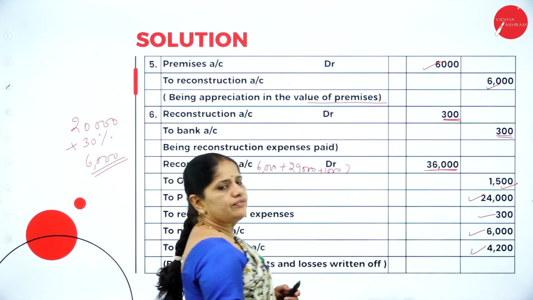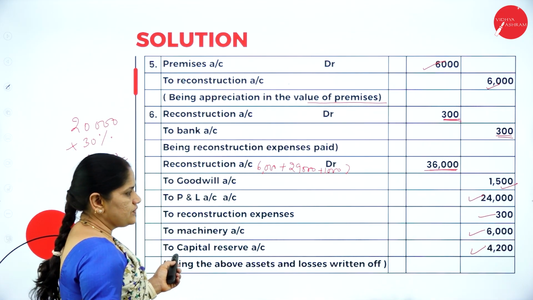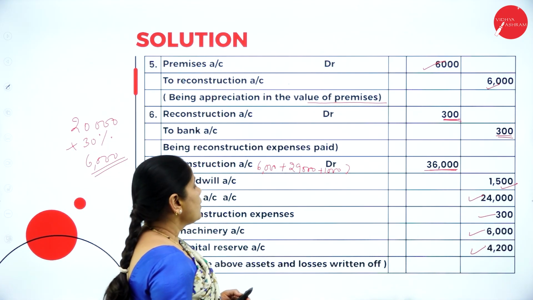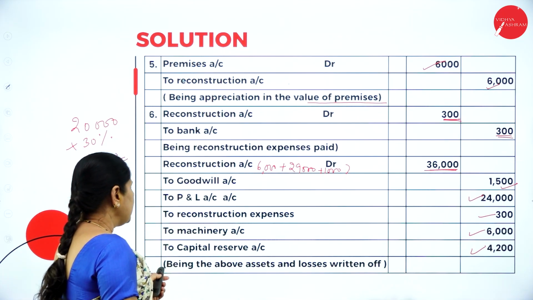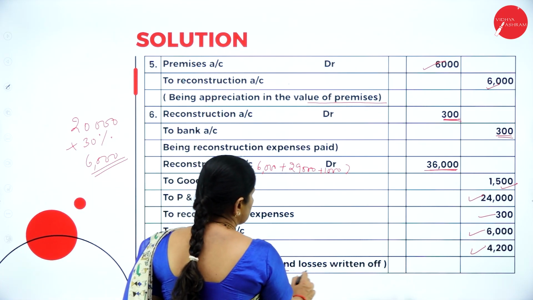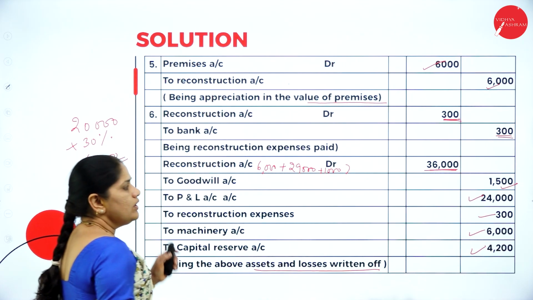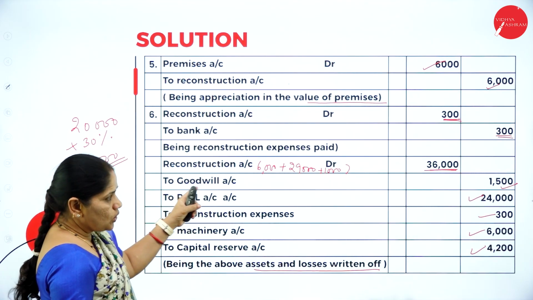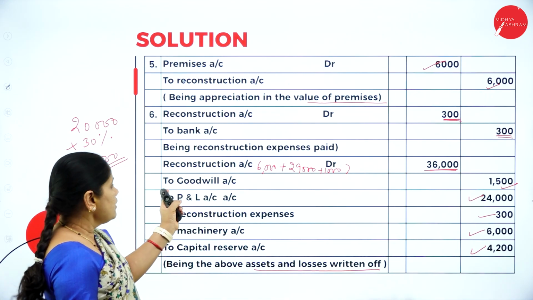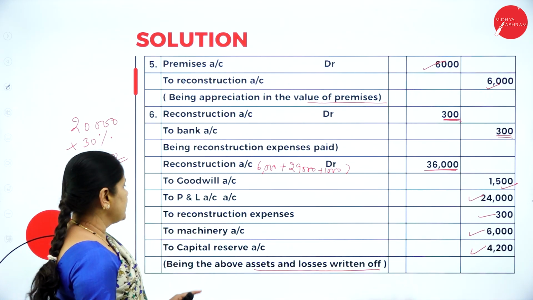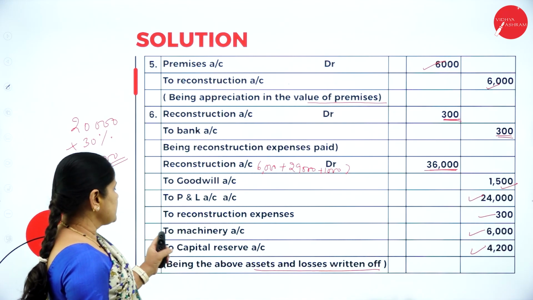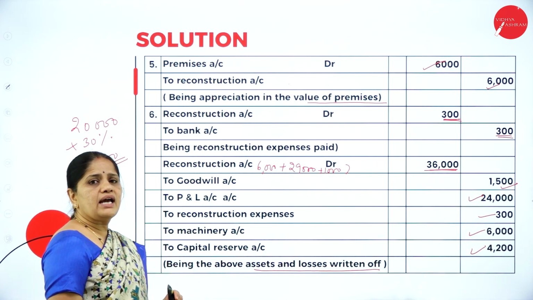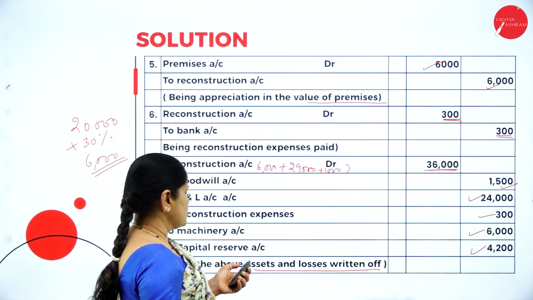Whatever is the difference amount, you transfer to capital reserve account 4,200, being the above assets and losses written off. So we have written off all the fictitious assets, that is the goodwill 1,500, profit and loss account also, and reconstruction expenses. The machinery account I have written down by 6,000.